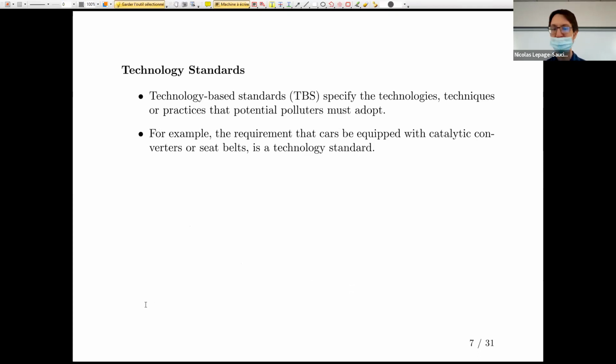And then technology standards specify the technologies, techniques, and practices that potential polluters must adopt, rather than the end result.